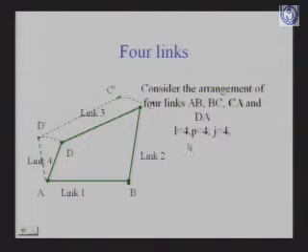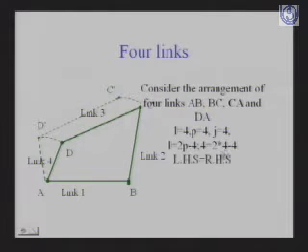Here L is equal to 4 because we have 4 links. The number of pairs is 4 and the number of joints is 4. So let us put in the first equation, that is 2P - 4, and if we put in the values, on the left hand side we get 4, and similarly on the right hand side we again get 4. Therefore the left hand side is equal to the right hand side. This means condition number 1 is satisfied.